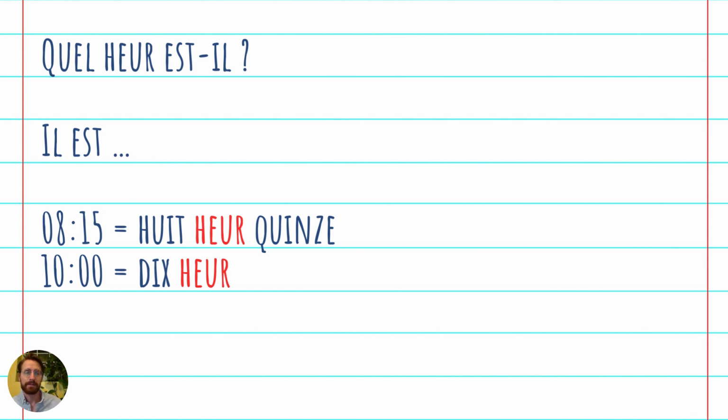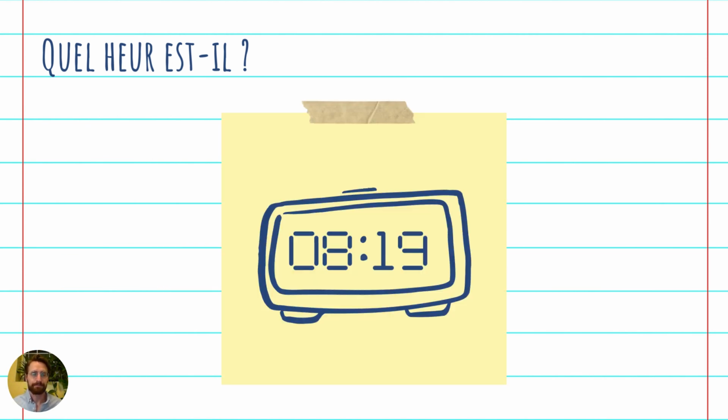So here we have 8h15. And then if it's exactly 10 o'clock, right on the dot, 10h. We don't need to say anything after that. But let's go ahead and practice some telling some time.